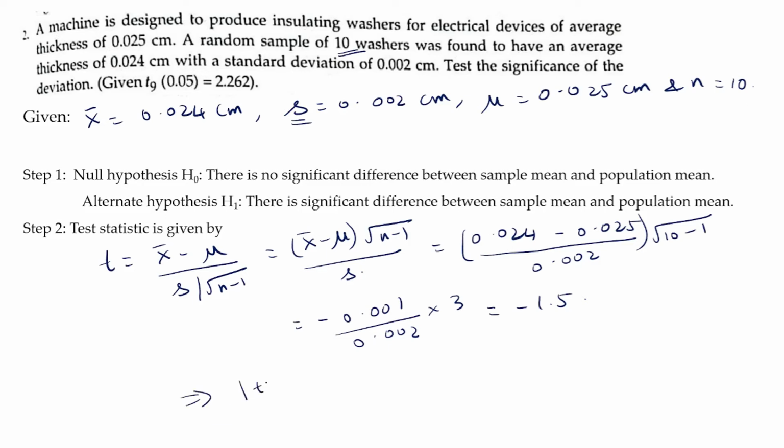Now we need to have the modulus value. So mod t equal to 1.5. Now here we can see that the calculated value t 1.5 is less than the tabulated value of t 2.262. So it means we can accept H naught and there is no significant difference between the sample mean and the population mean. It means the deviation of 0.024 centimeter is not significant.